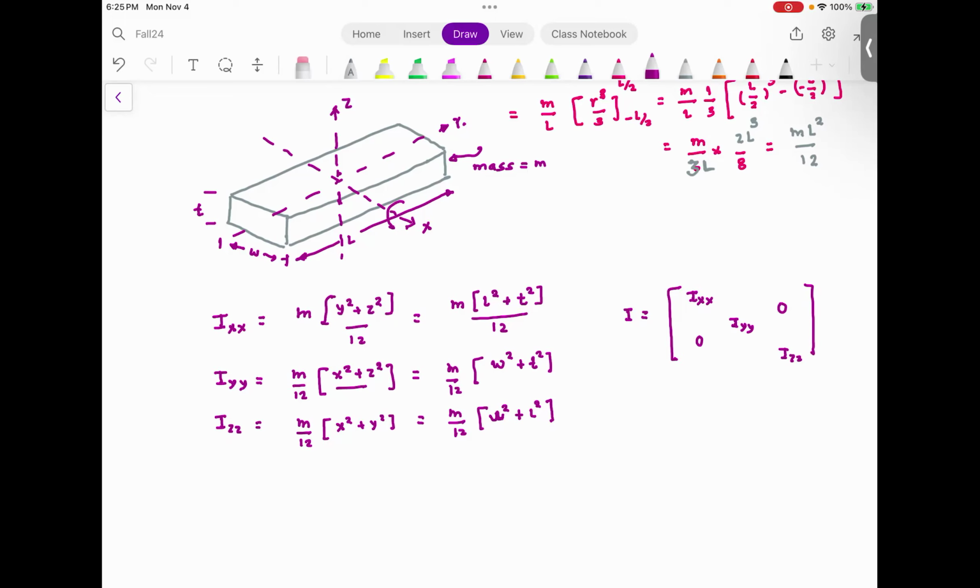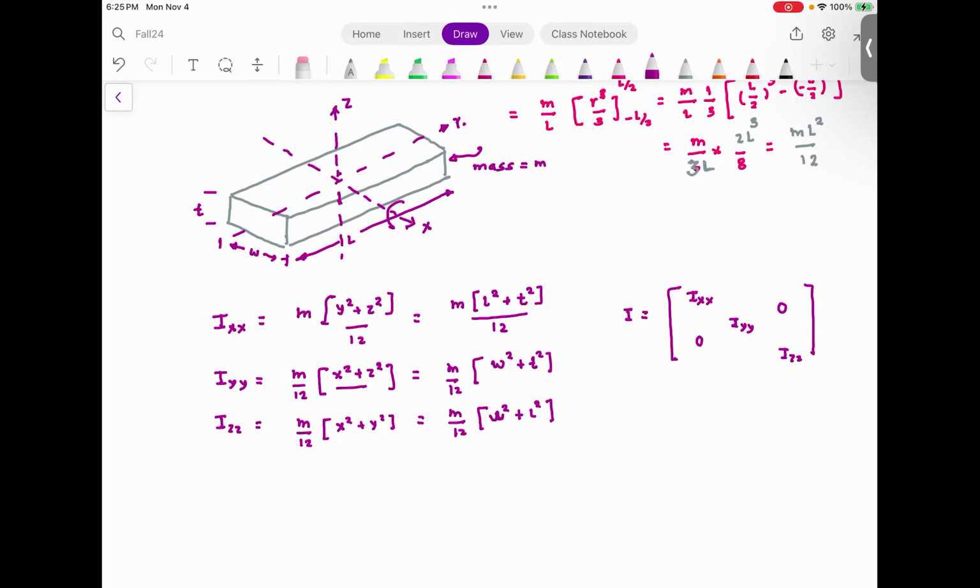So for simplicity, mass moments of inertia are always taken at the centroid of the object. Centroid is the point where that whole object can be balanced, which means all the unbalanced forces cancel each other.